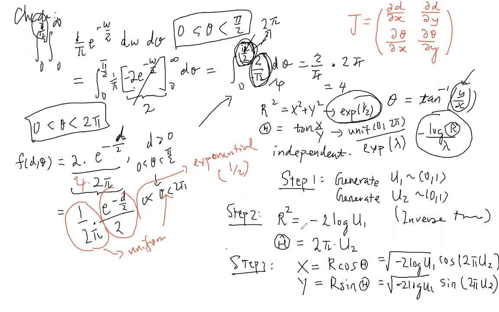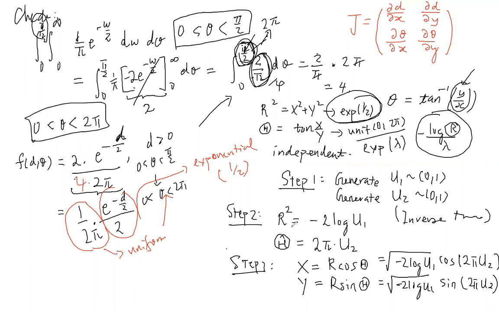Whereas if you use the rejection method, some of your candidate values may actually be rejected. So in order to generate 1,000 variables, you might actually need to try maybe 2,000 times or more.